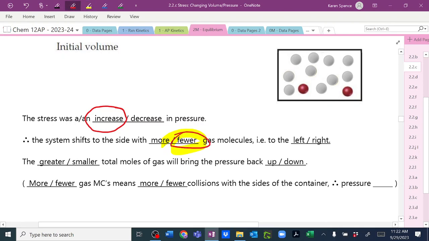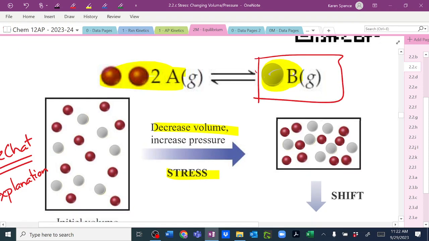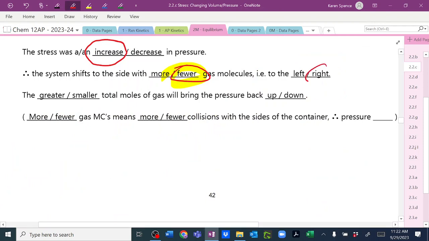In this particular reaction, which side has fewer gas molecules? The right side. The smaller total number of moles will bring the pressure back down. Fewer gas molecules mean fewer collisions with the side of the container, therefore the pressure decreases.